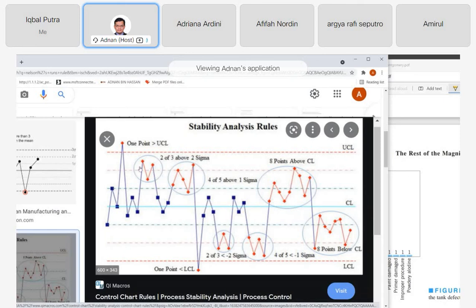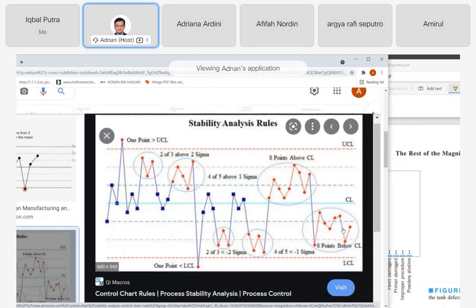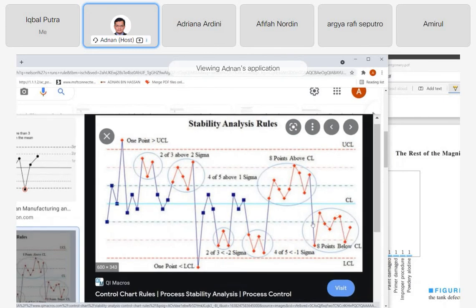They cannot stay on one side more than 2 in a row. If you have 2 continuously, it's already unstable. The point should go down to the other half of the control limit. This also happened in this case, 8 points, but on one side.